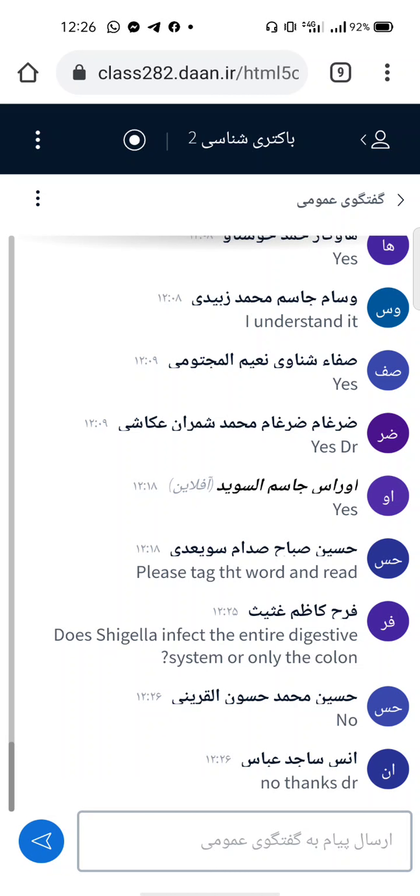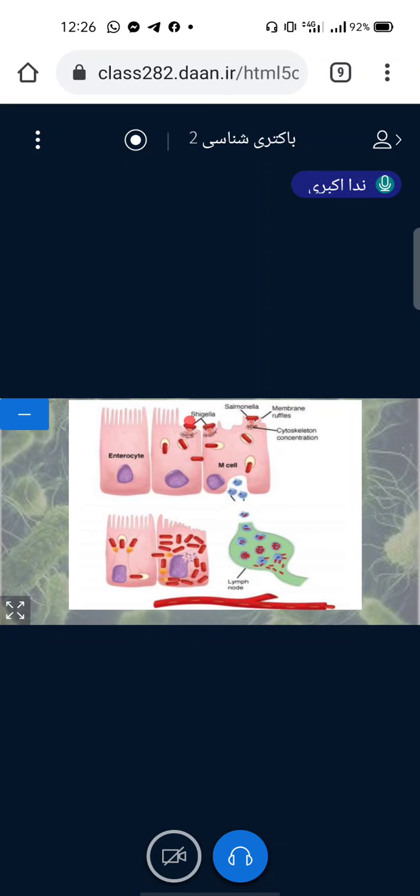Not the entire digestive system. No. As I told, Shigella can attach to M cells, which are located in Peyer's patches in the small intestine and colon, because the glycolipid Gb3 can be found in the colon.